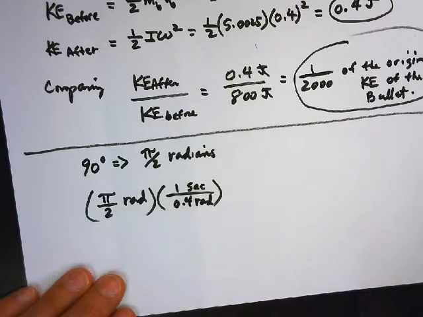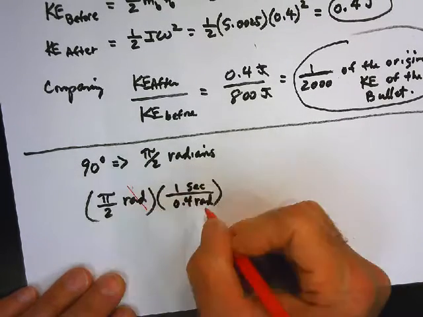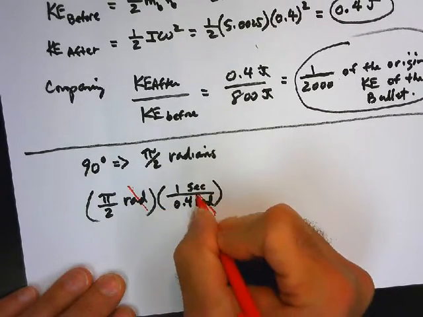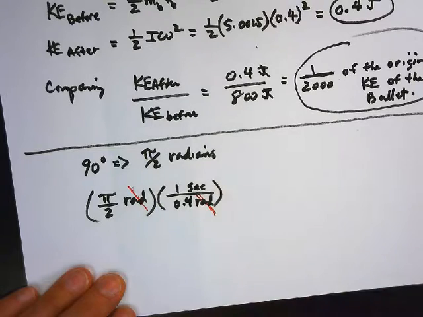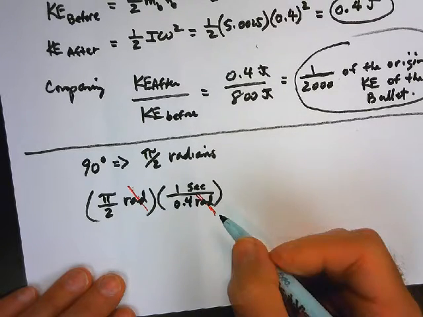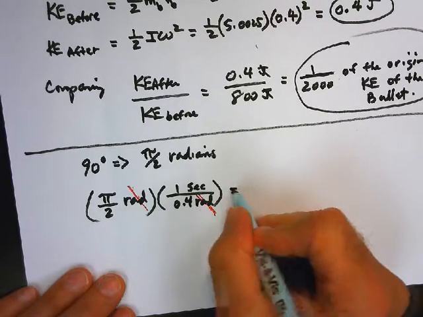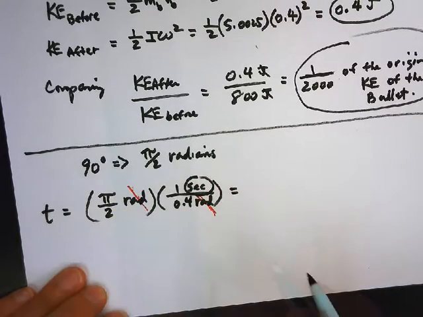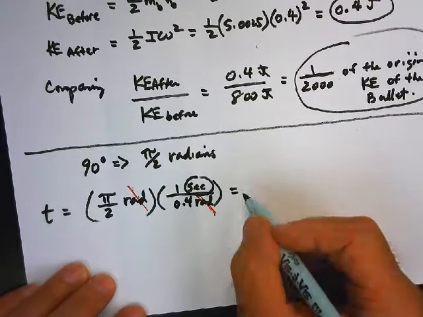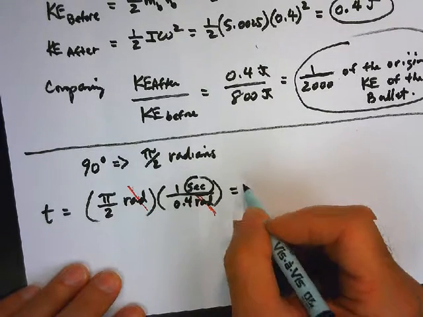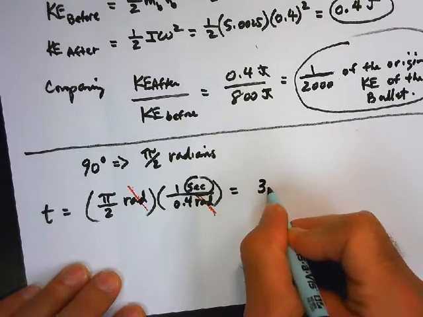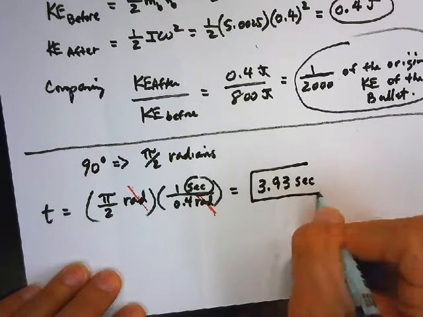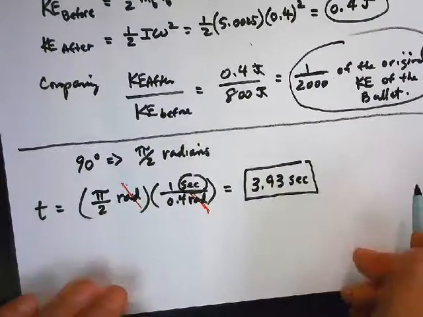We flip it so that the radians will cancel. I know radians aren't a unit of measure, so we really shouldn't have to worry about that, but it's helpful to visualize. Then we're left with seconds, which is what we're looking for, time. If we solve this, we end up with the time needed being 3.93 seconds for the door to swing open 90 degrees.